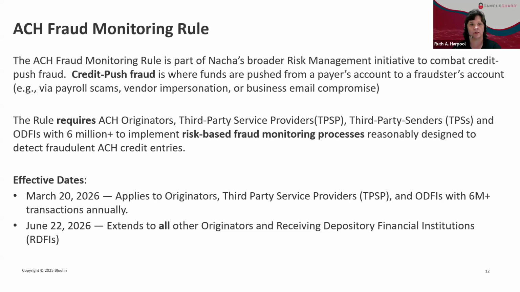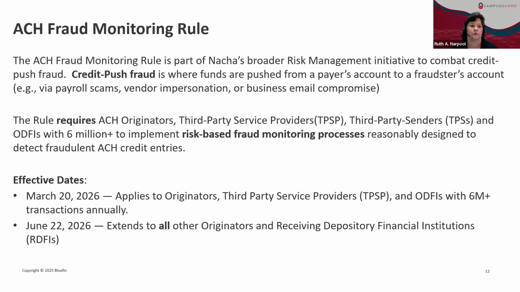So the rule requires ACH originators, you as universities, or any third parties that you hire, third-party service providers or third-party senders, and ODFIs with 6 million or more transactions annually to implement risk-based fraud monitoring processes.